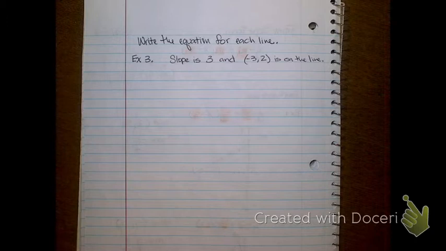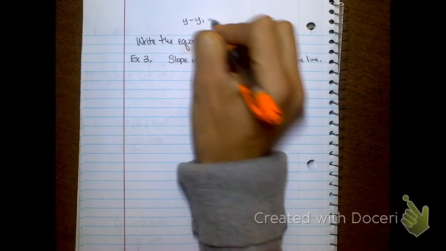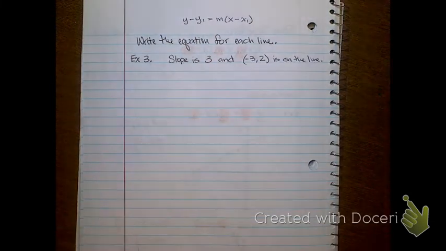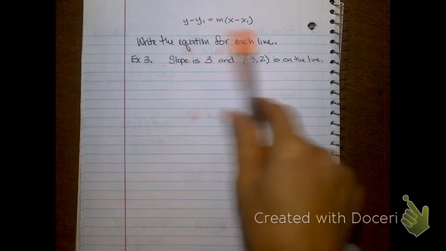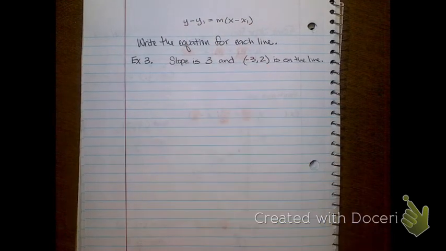Remember what point slope form looks like. I'm going to rewrite it here at the top. It looks like this. Into this general format, I'm going to fill in my slope, my x, and my y. Now, remember when I pulled the information out to graph? What did I do with the x and the y values? I ended up using the same sign or the opposite sign? The opposite sign.